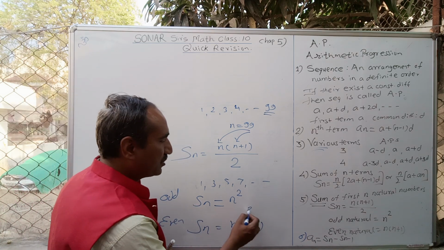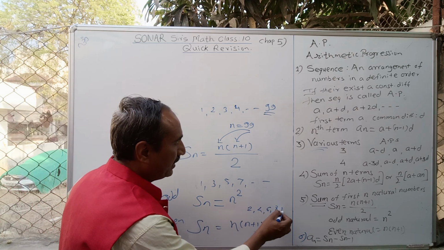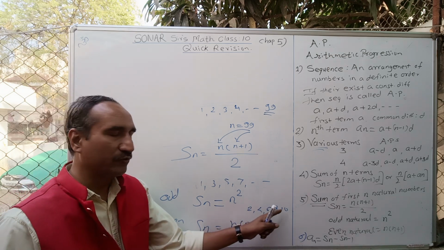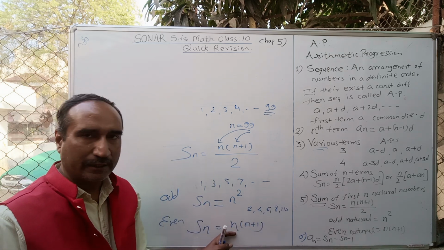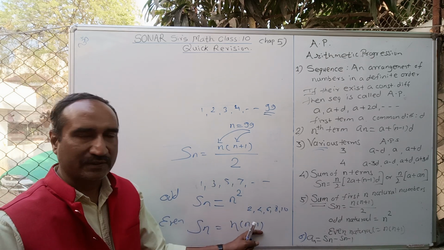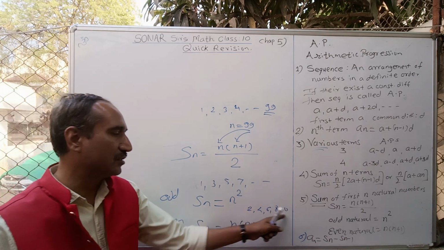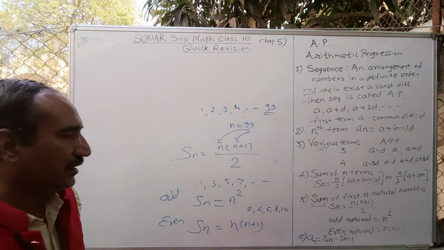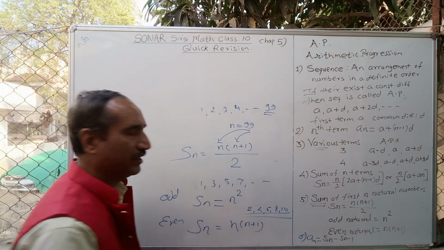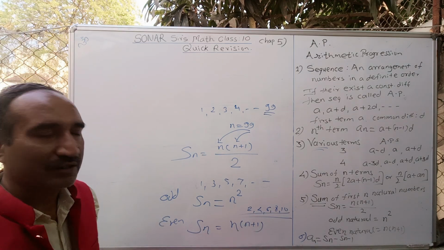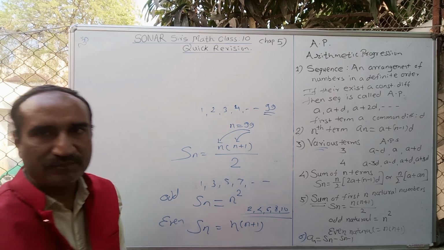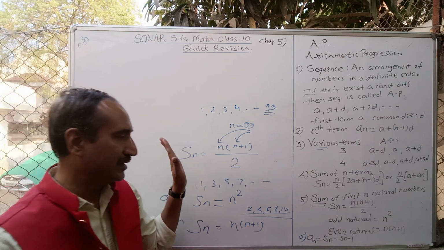Even natural numbers means 2, 4, 6, 8, 10. 1, 2, 3, 4, 5, so 5 terms are there. Replace n by 5: 5 plus 1 is 6, 6 into 5, that is 30, must be the sum of these terms. You can calculate it and you will get the answer 30. But without actual calculation, by using the direct formula for MCQ level questions, we can make use of this.